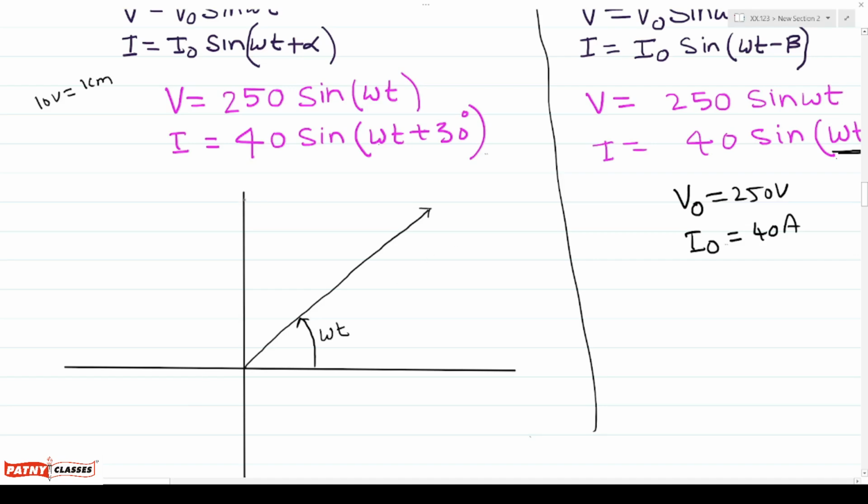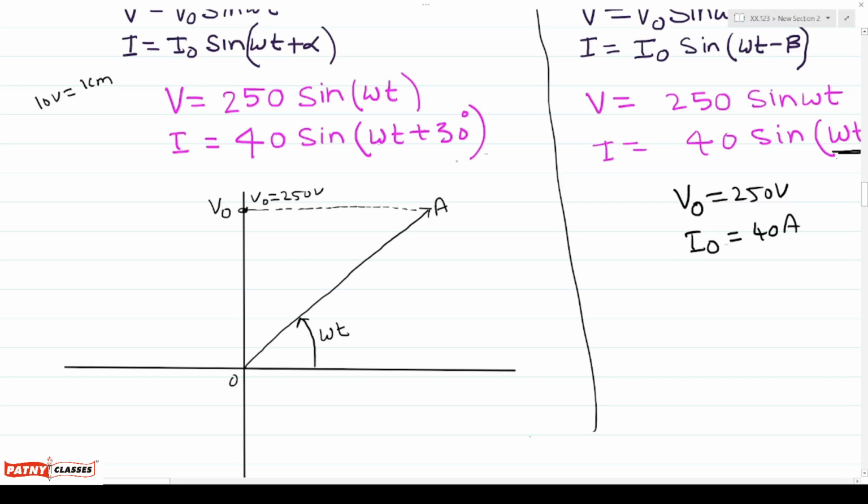This value here corresponds to the maximum value, that is V naught. V naught equals how much? V naught equals 250 volts. So this diagram we have drawn here. Diagram OA stands for the phasor diagram for voltage.